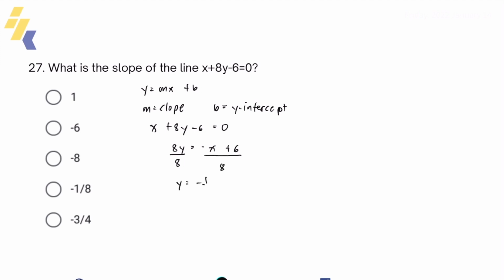Thus we have here y is equal to negative 1/8x plus 6/8. Okay, and we are asked for the slope. So the slope is -1/8, and this is the correct answer.